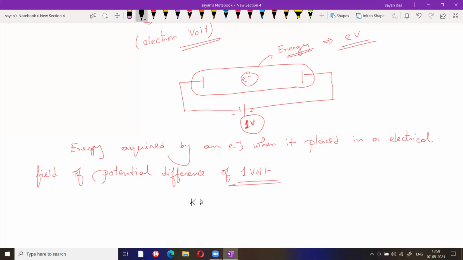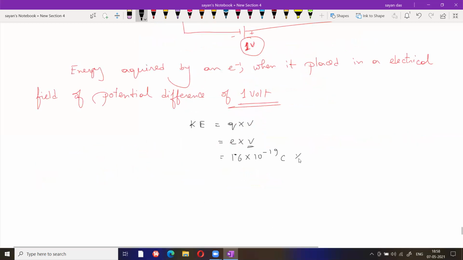So can I write kinetic energy equals Q into V? Now Q is represented as e, and V is basically 1 volt. Now what is the charge of an electron? We all know it is 1.6 into 10 to the power minus 19 coulomb, and V is 1 volt. So this kinetic energy we can write as 1.6 into 10 to the power minus 19 coulomb into volt.